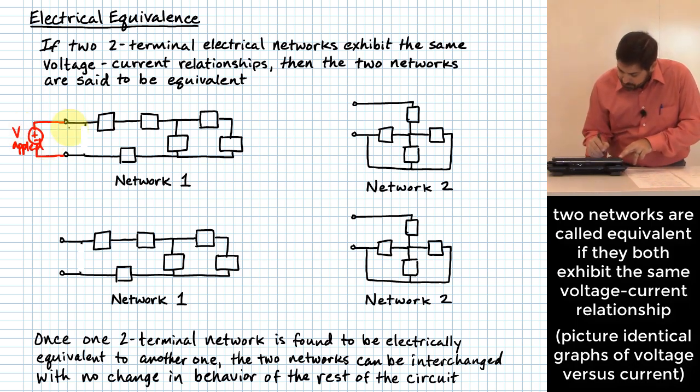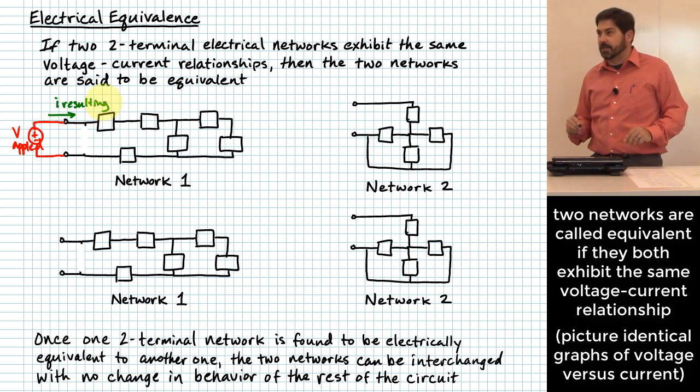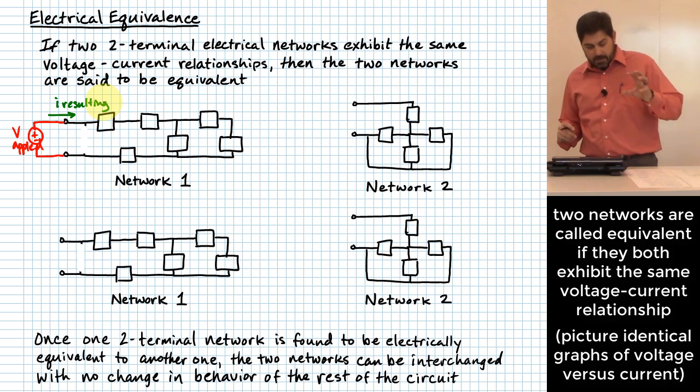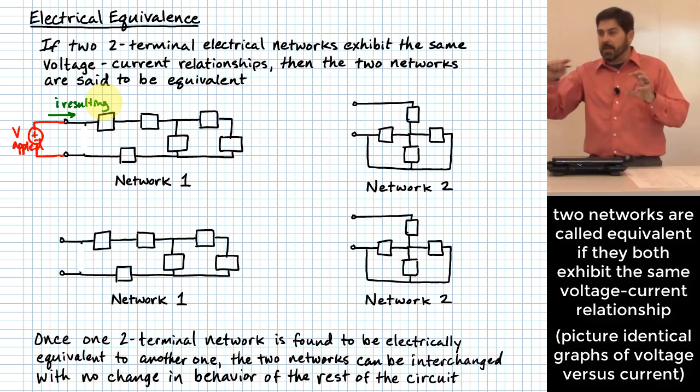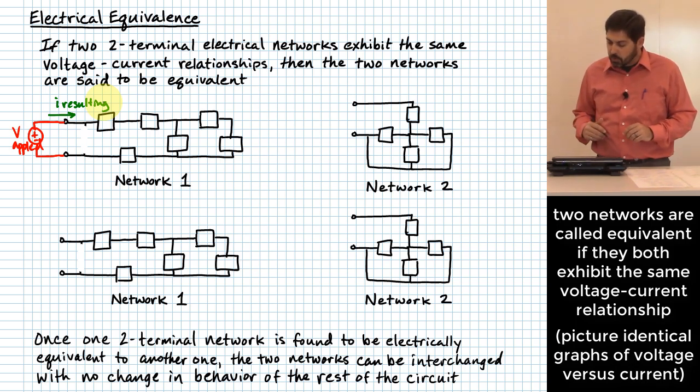As a result of that V applied, there is a resulting current. I'll name that I resulting. So the voltage is causing a current to flow in network 1.